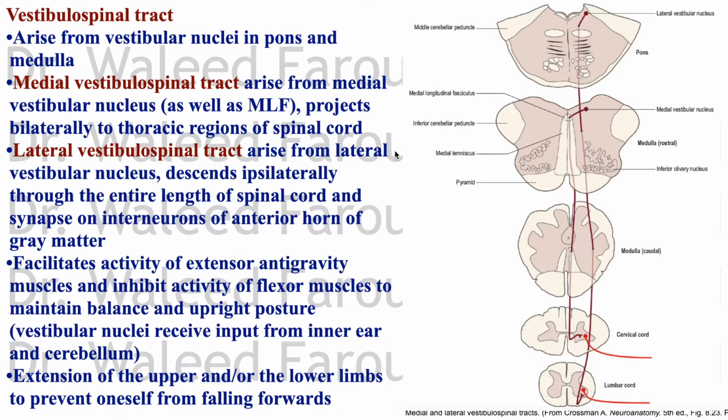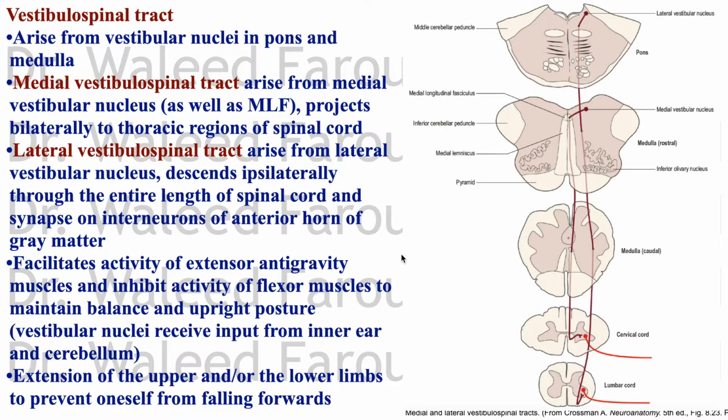Extension of the upper and or the lower limbs to prevent oneself from falling forwards. This is an example of how this system works. The vestibular nuclei, by the way, facilitate the activity of extensor anti-gravity muscles and inhibit the activity of flexor muscles.